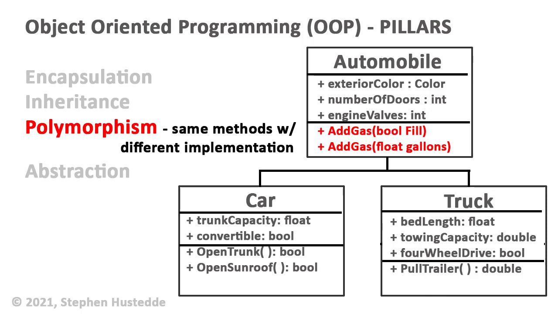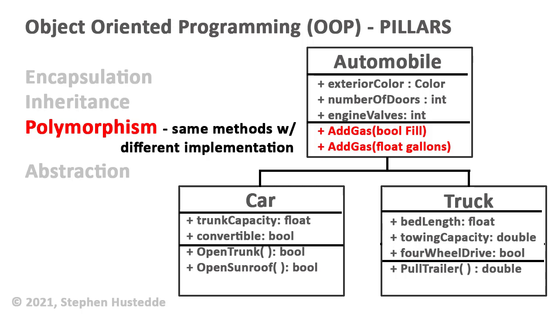Polymorphism is having the same methods but with different implementations. And what I mean by different implementations is the parameters that are sent to that method will vary. And they vary in terms of the number of items sent, or they might vary in the types of items sent. So let's say in our automobile we have two methods called add gas.